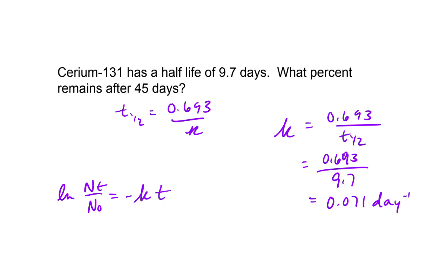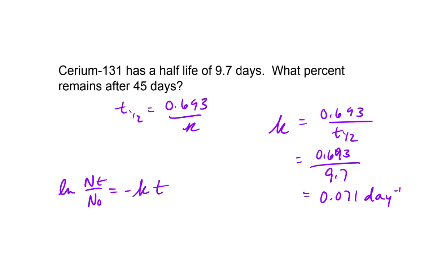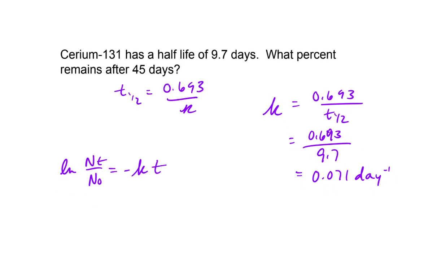We want to know what happens after 45 days. What should we use for n sub 0? Yeah, 1 or 100. Beautiful. Let's do 100 because that's what I have in my notes.